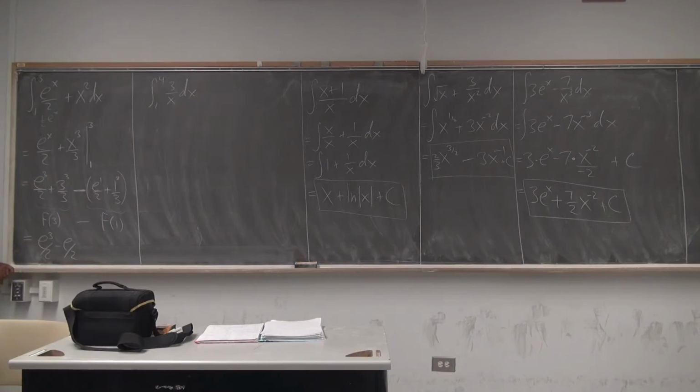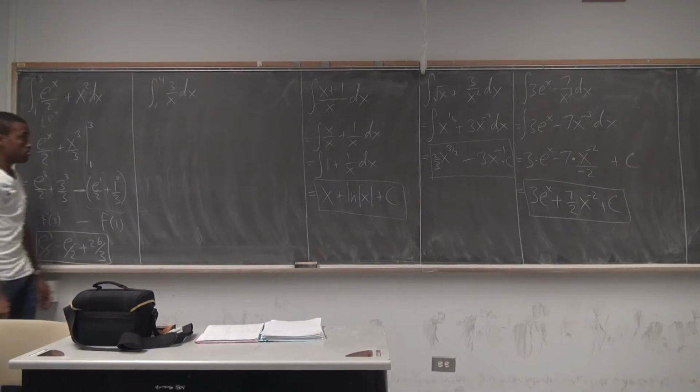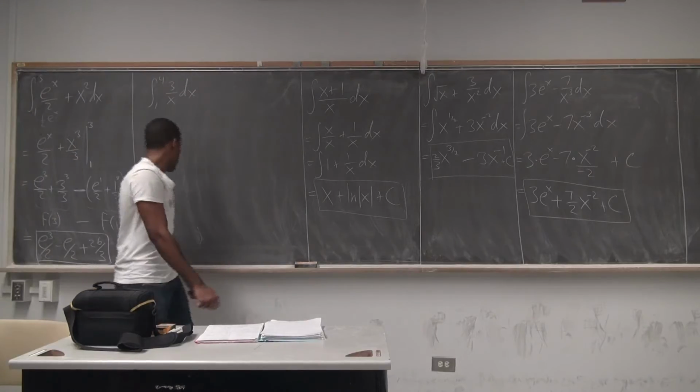Or you can even think of that a different way. You can think of this as 27 over 3, minus 1 over 3, you get 26 over 3. So that would be the answer.